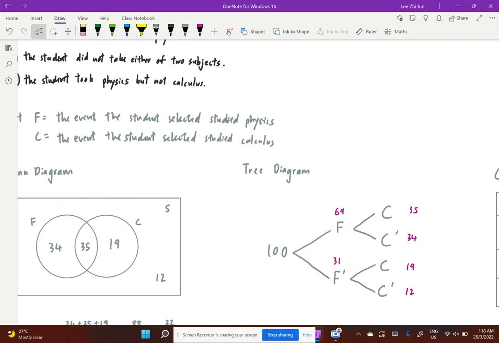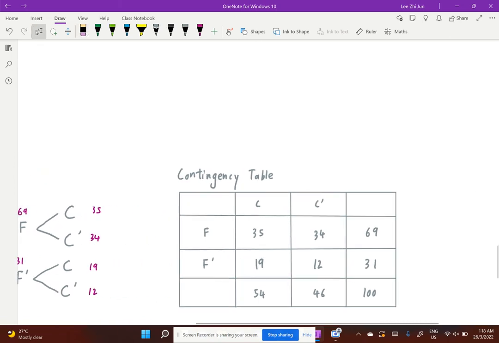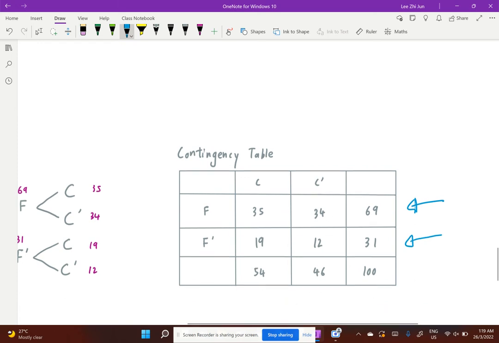The Venn diagram and tree diagram do not show some numbers, like the total number of physics, 69, and the 31, and the 54.